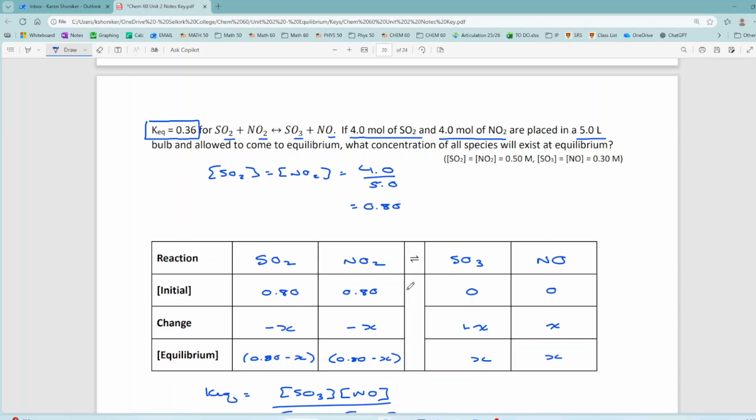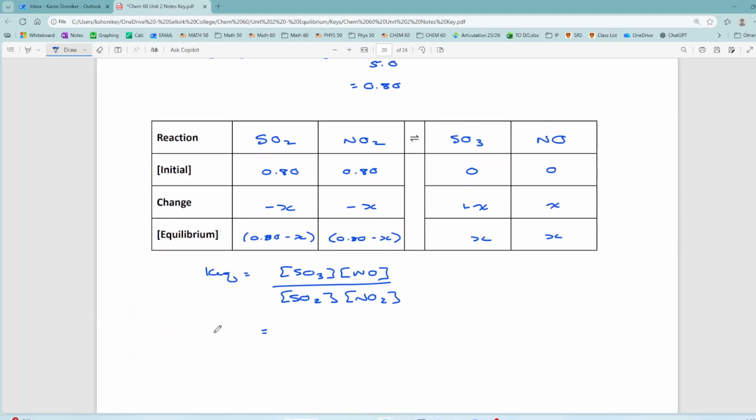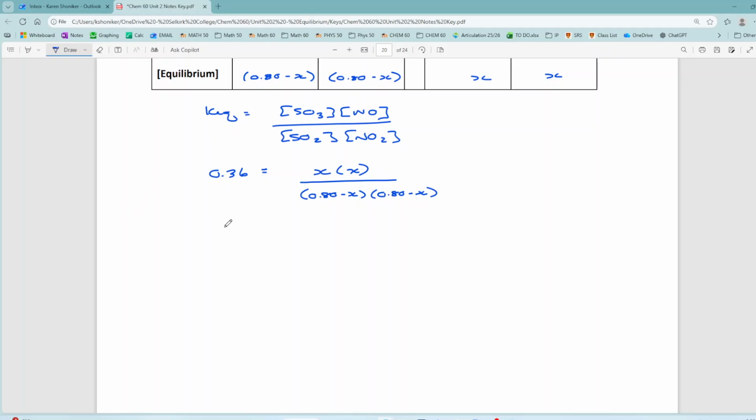They've given us that the KEQ value was 0.36, and that's going to equal X times X over 0.80 minus X, 0.80 minus X. Now, personally, I would have jumped straight to 0.36 is equal to X squared divided by 0.80 minus X squared.